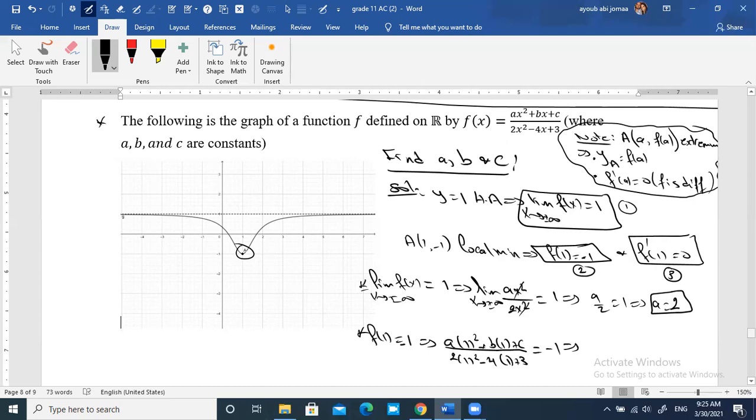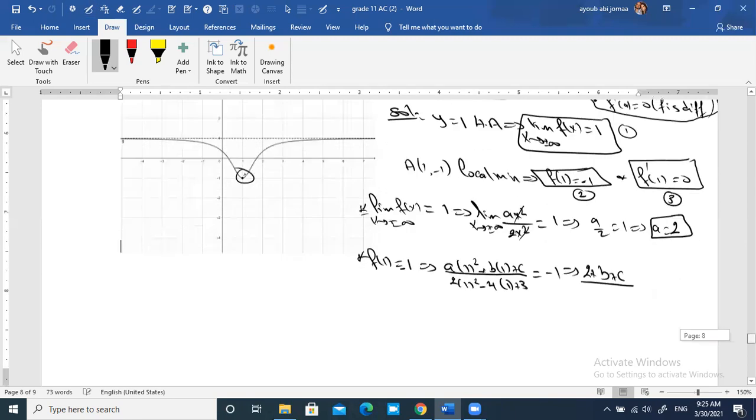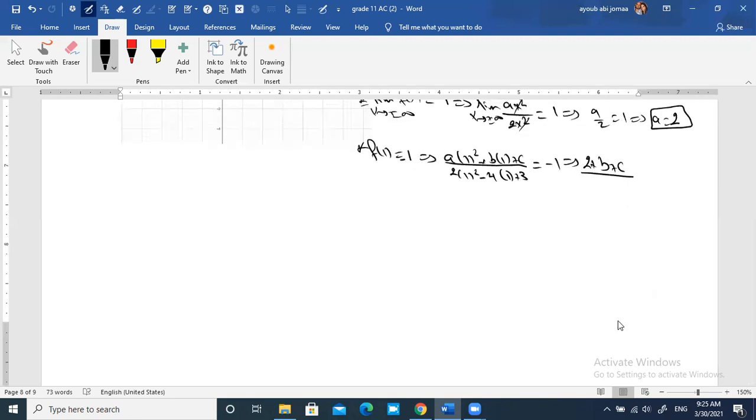Of course, don't forget here that a is 2. So you get 2 plus b plus c over the answer here, 1, is equal to negative 1. Then cross product and take 2 to the right side, then b plus c is equal to negative 3.